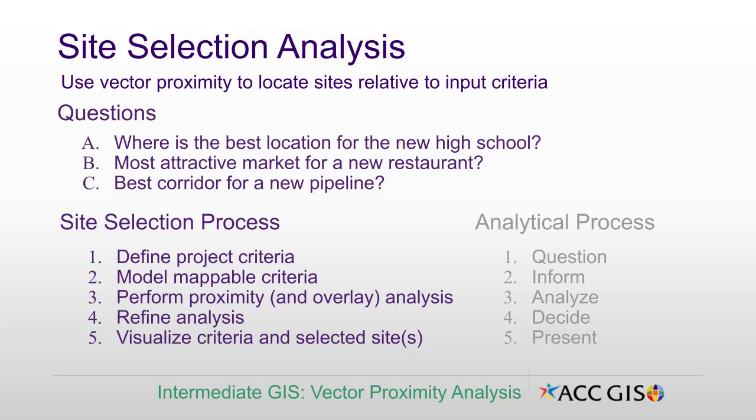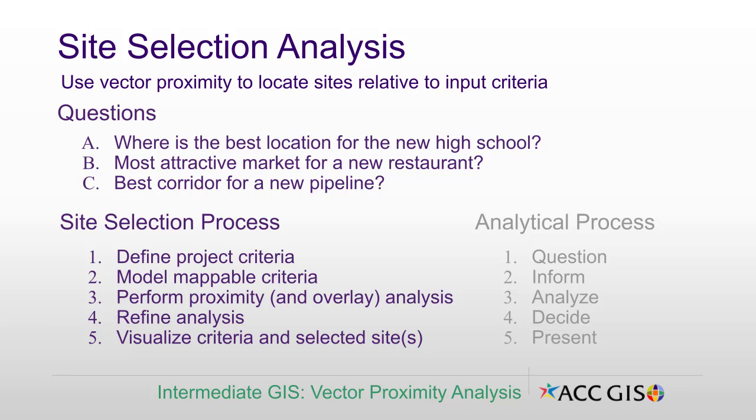Now, every site selection analysis is unique, but we can use a standardized workflow like the analytical process: question, inform, analyze, decide, and present, to answer questions like, where is the best location for the new high school, the most attractive market for a new restaurant, or the best corridor for a new pipeline.